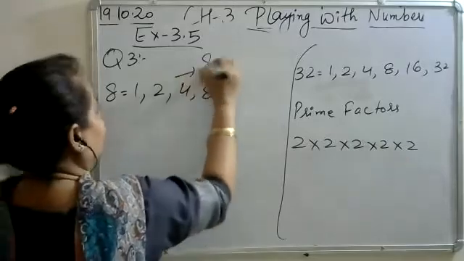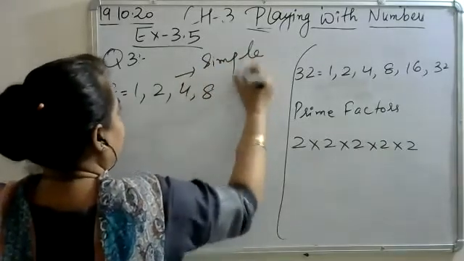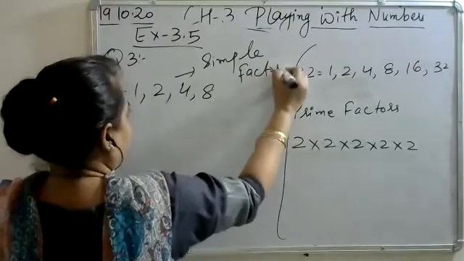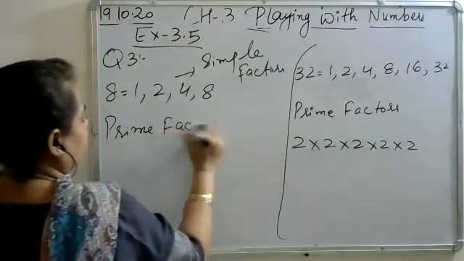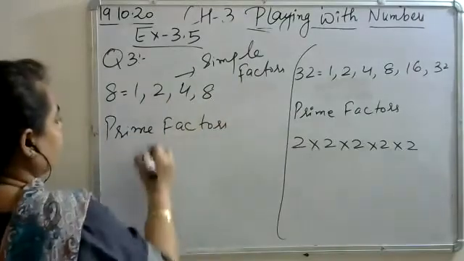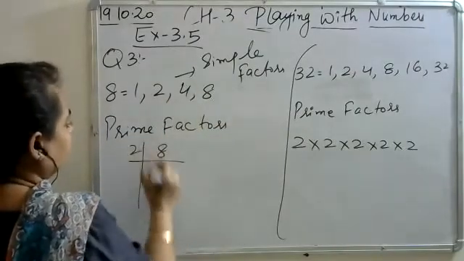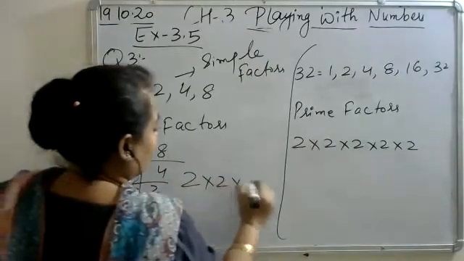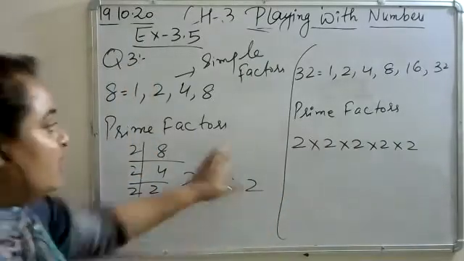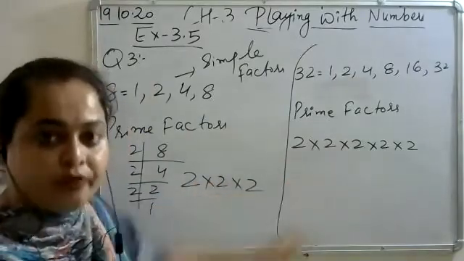These are simple factors. If I am talking about prime factors, then prime factors of 8 are 2 multiplied by 2. Now tell me, these are 2 examples in front of you.